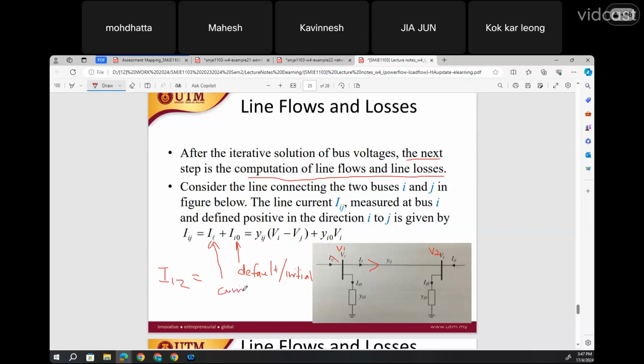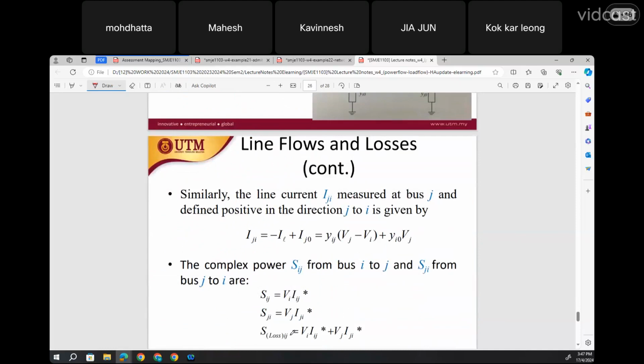Since we are doing an iterative strategy, we're going to have an initial and also a current value. And this one is the true value of I12, the current plus the initial value. All right.